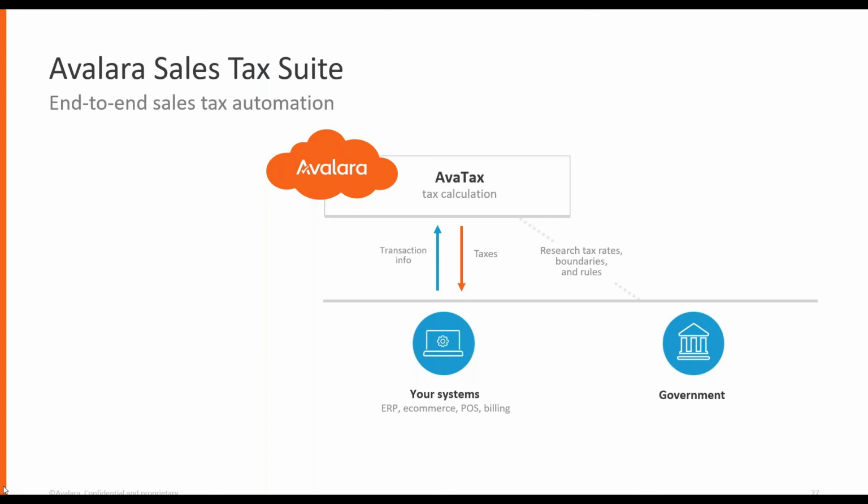It happens in a fraction of a second, and you get the information that you or a customer wants to see as far as taxability and how much the sales tax is.